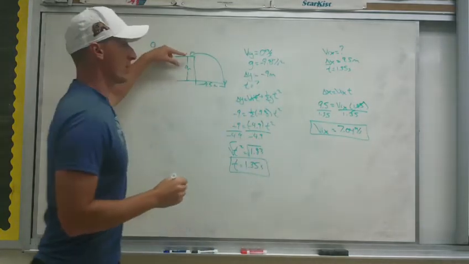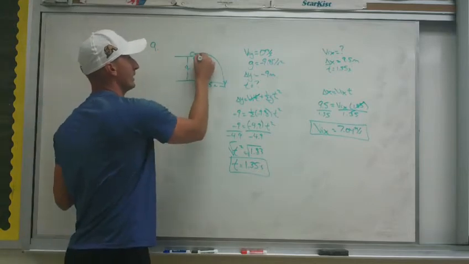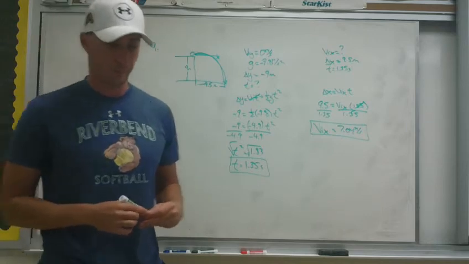So that ball is launched at 7.04 meters per second directly horizontal, so it goes down and travels that far in the horizontal direction.